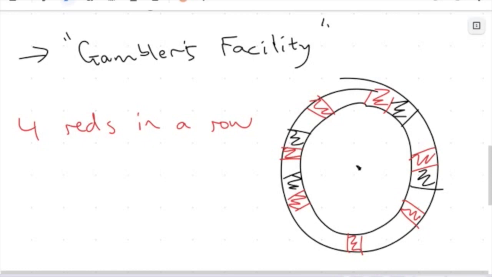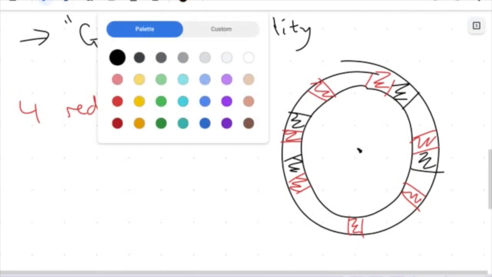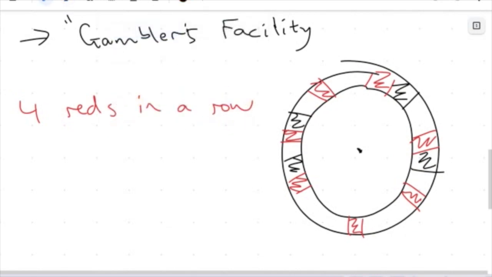Now, with these multi-stage events, so when more than one thing happens, that's why I use a roulette wheel analogy. Something like a roulette wheel is an example of a probability with replacement.